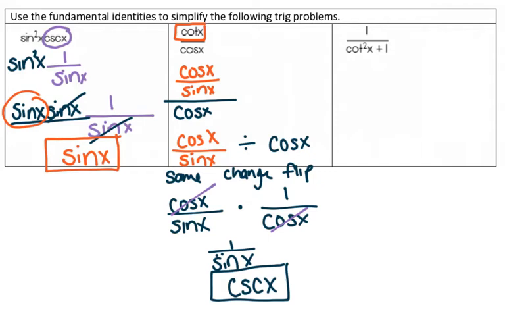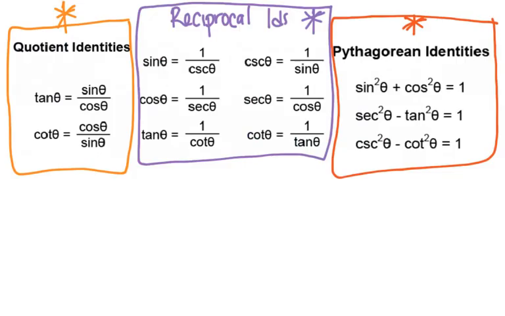And now, based on process of elimination, we're probably going to be using a Pythagorean identity and something else. Okay, so the first thing I notice is on the bottom, I have this cotangent squared and then being added, 1. So anytime you have something squared and something's being added or subtracted, that's probably going to be a Pythagorean identity.